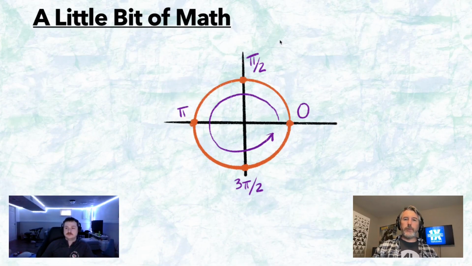A lot of people who know a lot about this stuff prefer to use radians. So the equivalent of 90 degrees is, well, maybe the easier way to say it is halfway around the circle is pi radians, and half of that is pi over 2, and all the way around the circle is 2 pi, or back to 0, right? Yep.